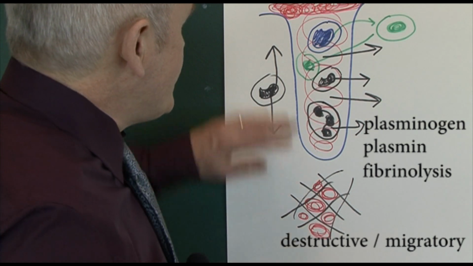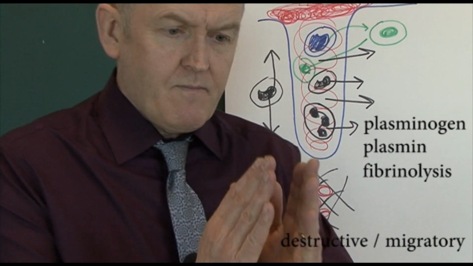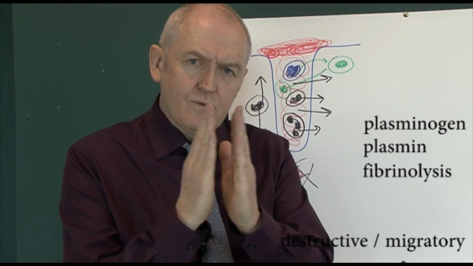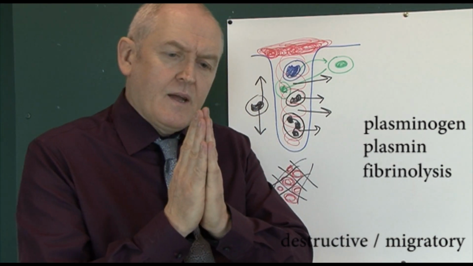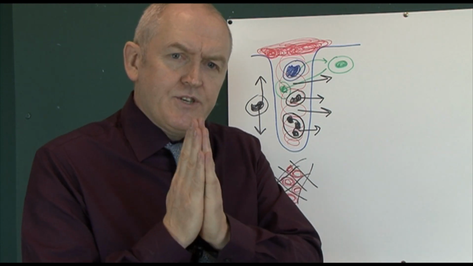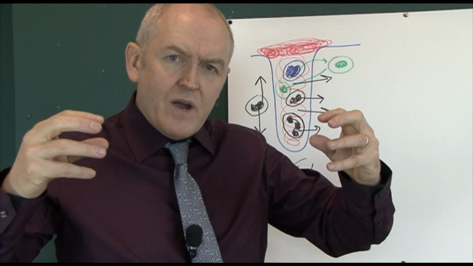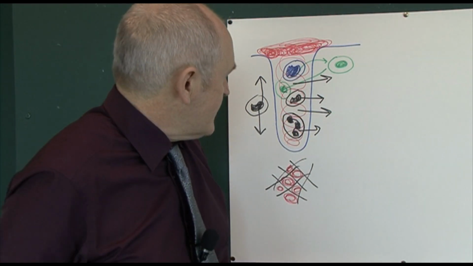Now also in this initial stage, if it's a very small wound, well, if the gap between the wound edges is small anyway, then in this initial migratory stage you can get the migration of new epithelial cells over the surface.